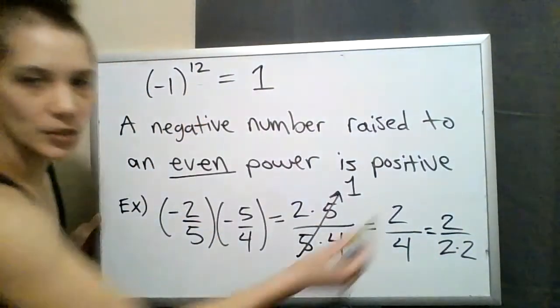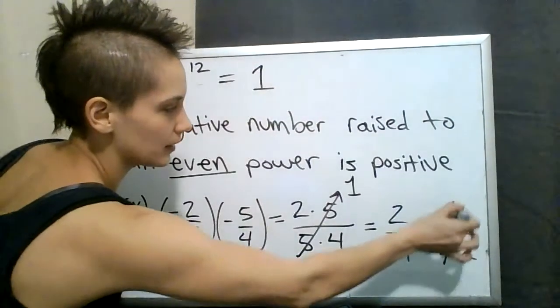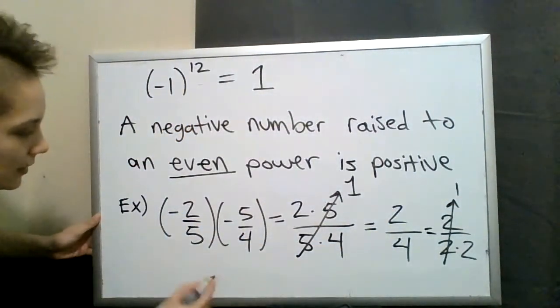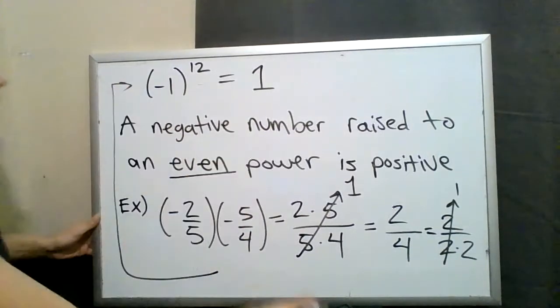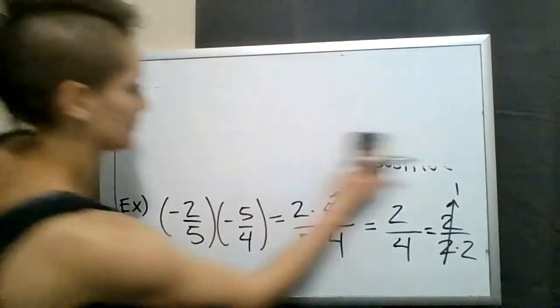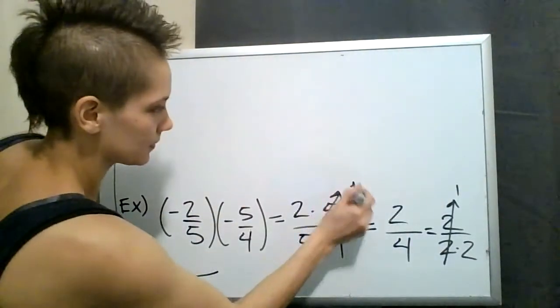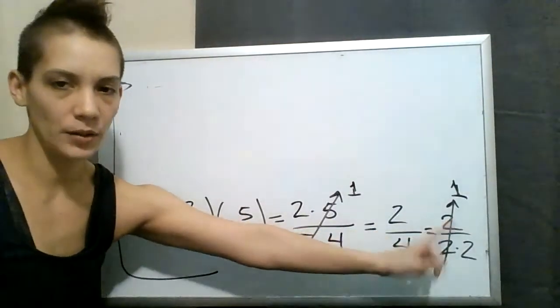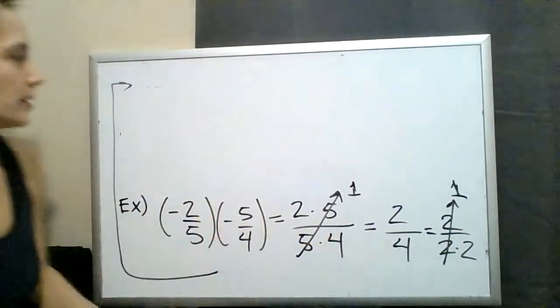And do that again, 2 over 2 is a 1. Okay, 1 over 2 is our answer.